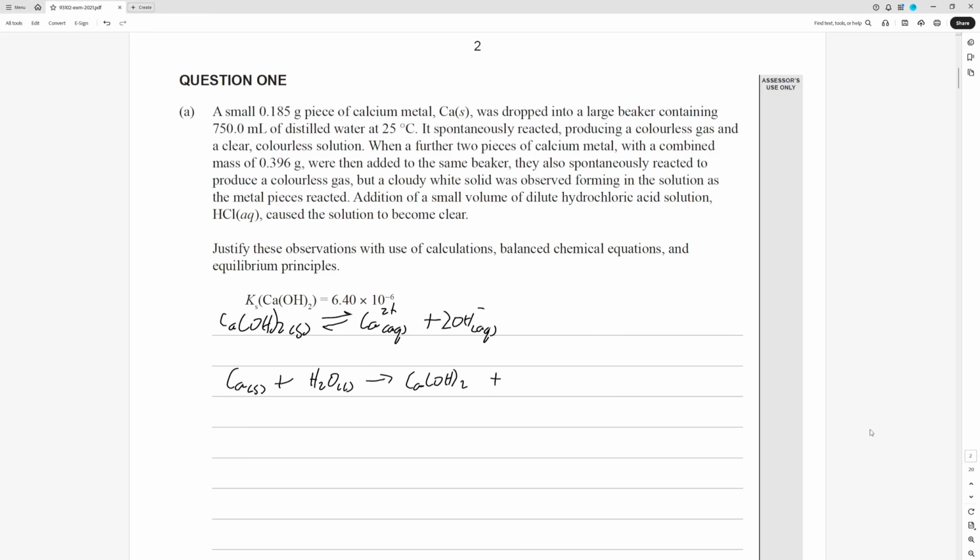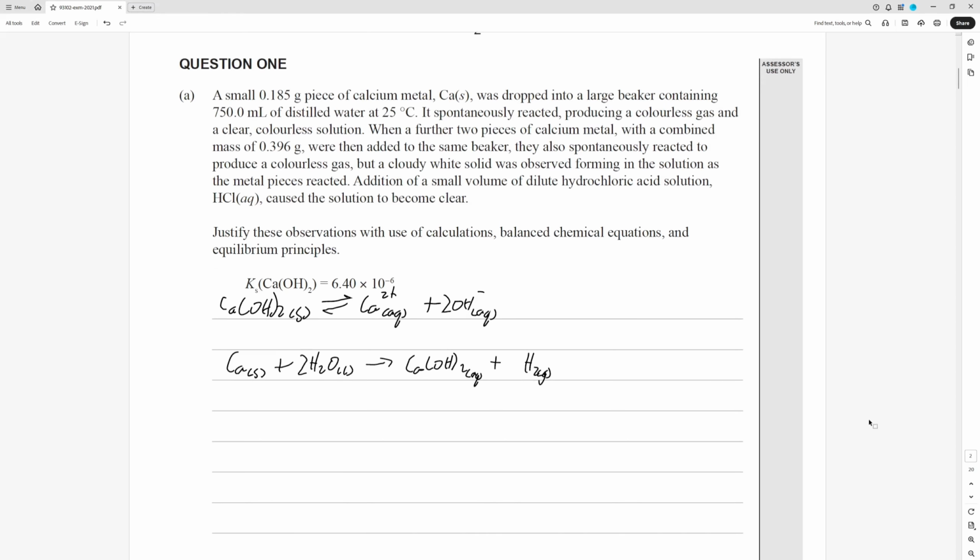But to balance this equation, and we're not really sure what this colorless gas is, we can also note that in calcium hydroxide we get two oxygens, and the only source of oxygen here is water, so this has to become 2H2O, leaving us with H2 gas left. And aqueous. Okay, so these are our two equations that we've set up.